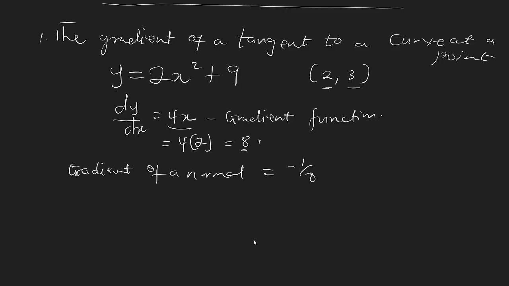Then we substitute x into the gradient function. The resulting value is the slope or the gradient of that tangent. The negative reciprocal will be the gradient of the normal to that curve.